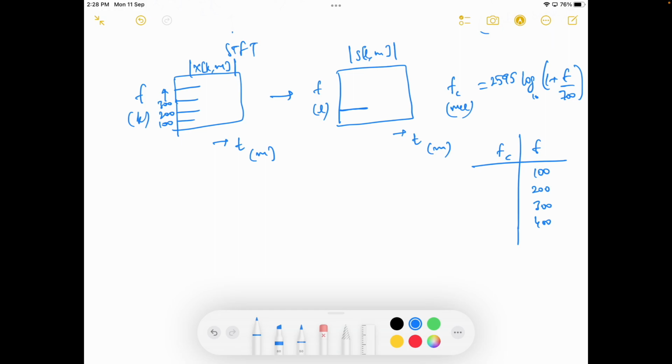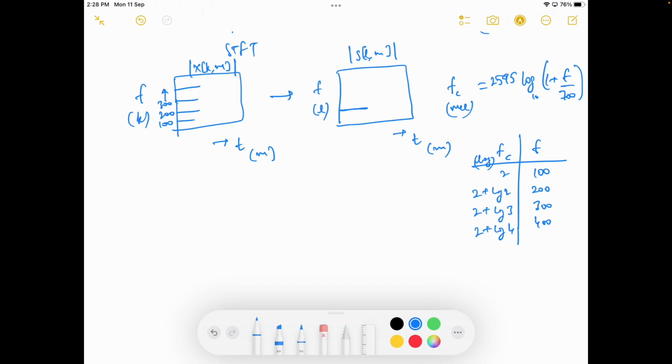Generally we say it's a Mel scale, but we can simply say log of f. So let's say log of f: this is 2, this is 2 plus log 2, this is 2 plus log 3, this is 2 plus log 4. This is the log scale, not the Mel scale, but the log scale. F_c is simply log of f, log to the base 10.